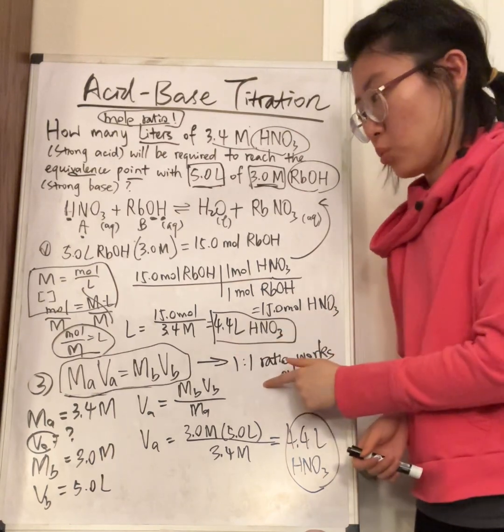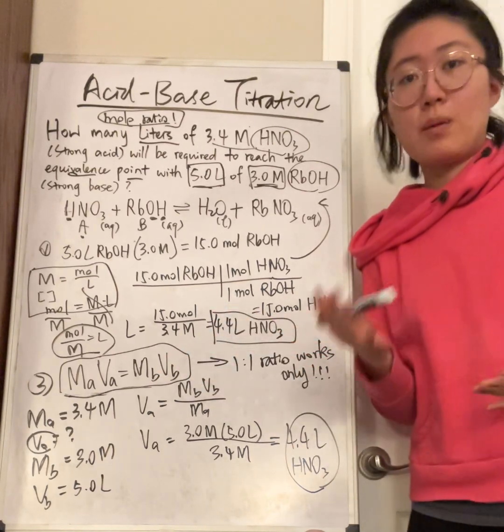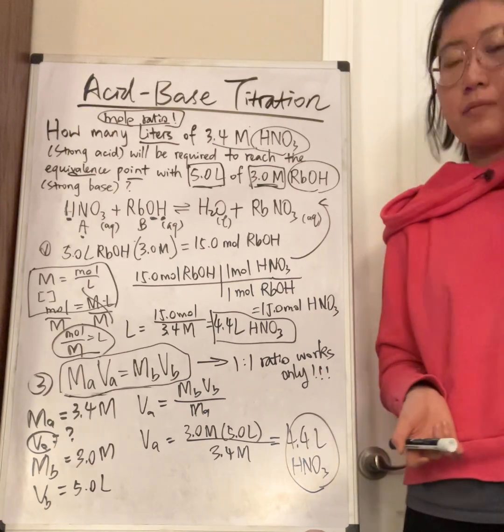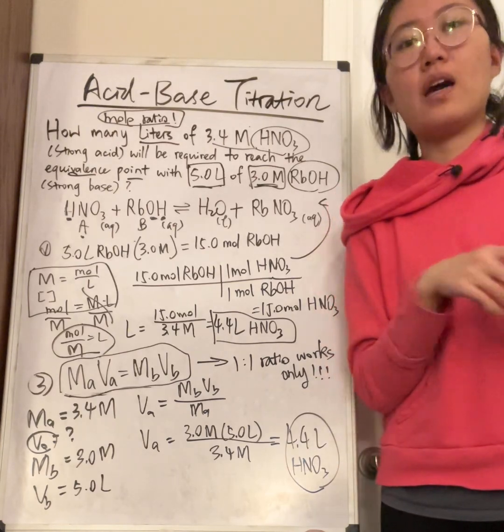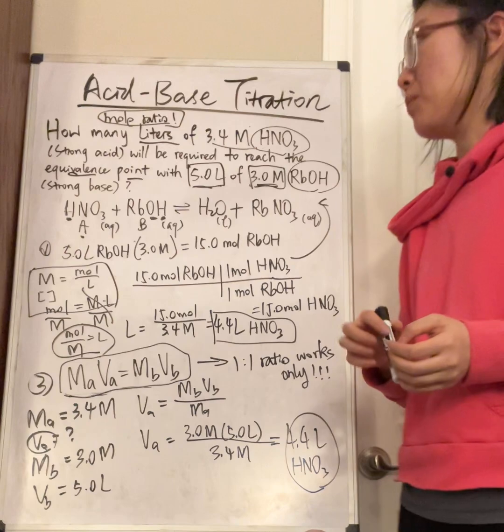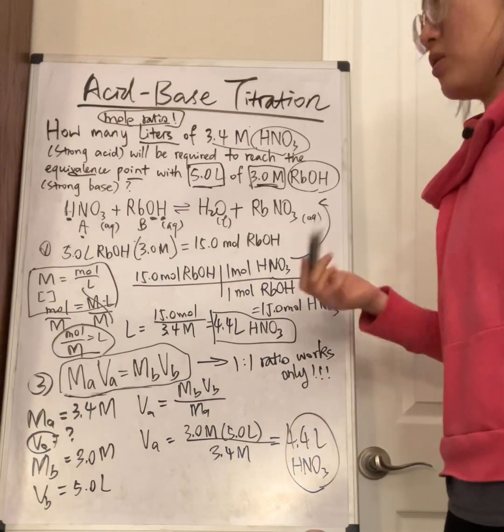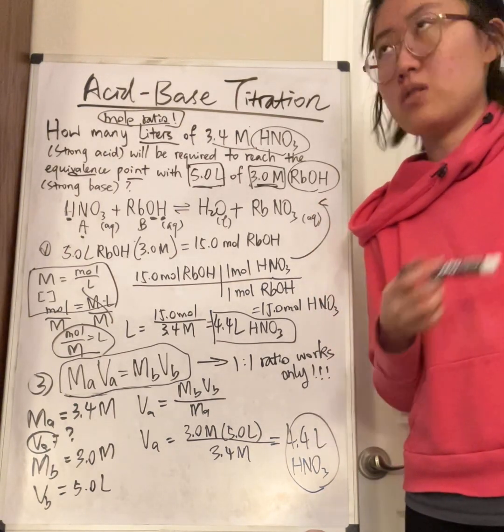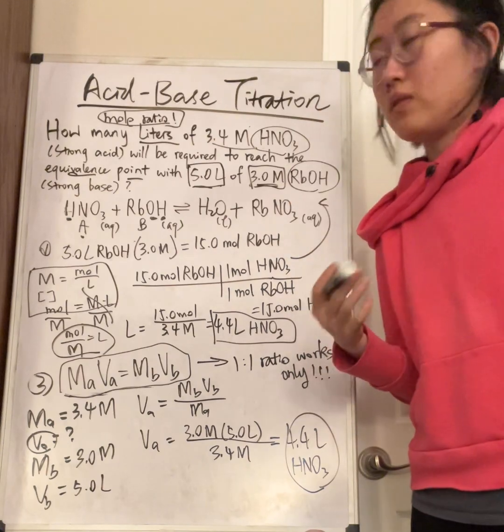So 1-to-1 only works for MV equals MV in here. But I think in 80 or 90% of the scenarios, you will meet reactants that have different ratios, different coefficients, instead of 1-to-1.